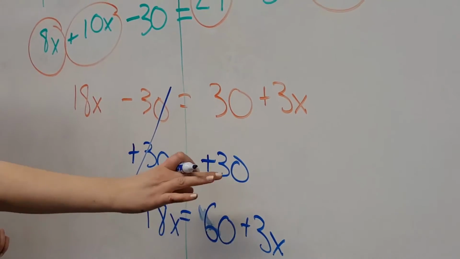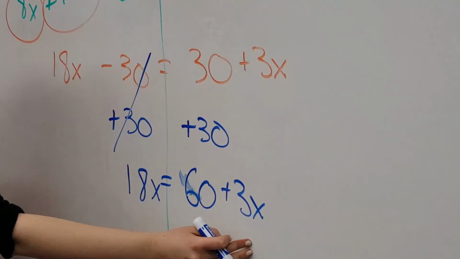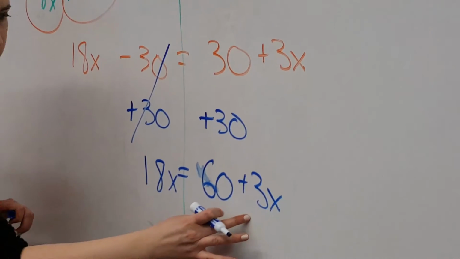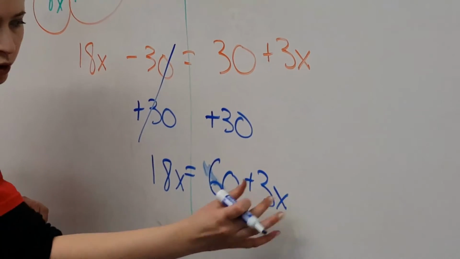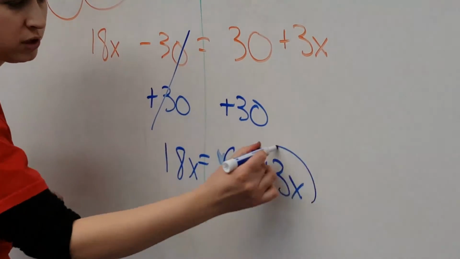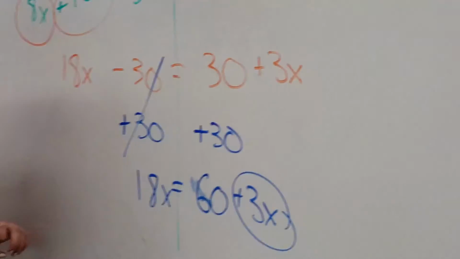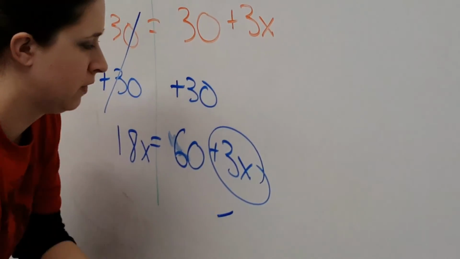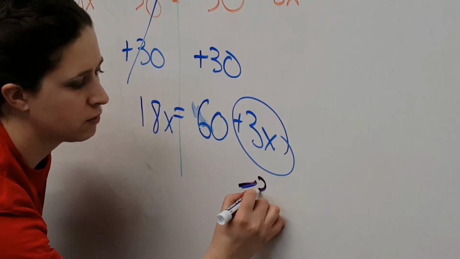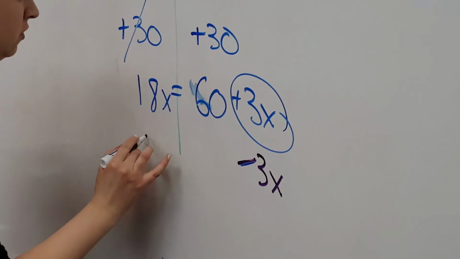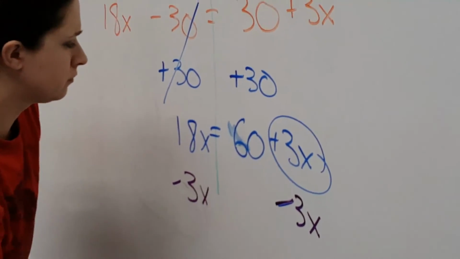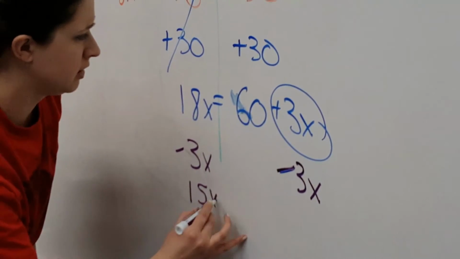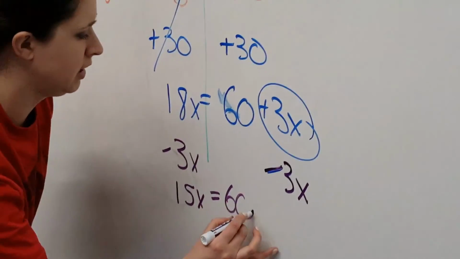So I got my 30 to that side, but now I need to get this 3x to the other side. I want to get all my x's on one side. I don't want to divide by 3 because I want to move the whole term of x's. So I'm going to get rid of this whole term, 3x. I'm going to subtract 3x. If I do that here, I must also do that here. 18x minus 3x is 15x equals 60.